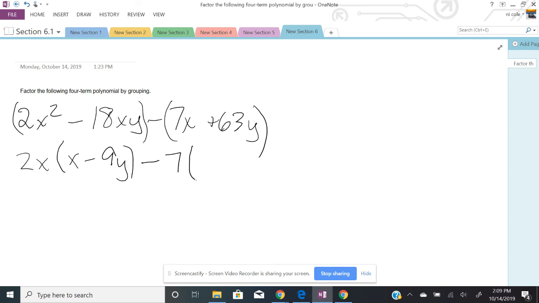7. The only thing I want to note to you guys is, see how this is negative? That negative becomes positive here because it was minus 7x, so it's now just a positive 7x. But this guy here, when I divide by negative 7, that leaves me minus negative 9y. Okay? So just note that that turns in.